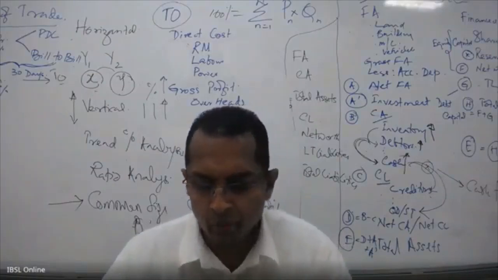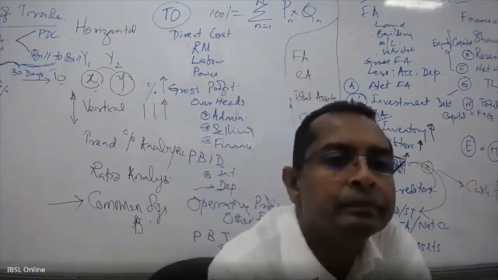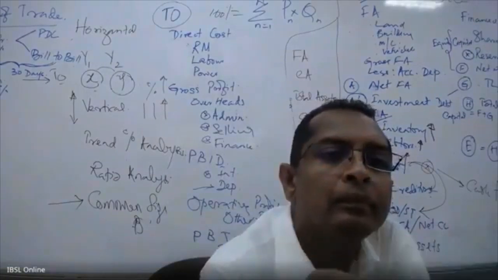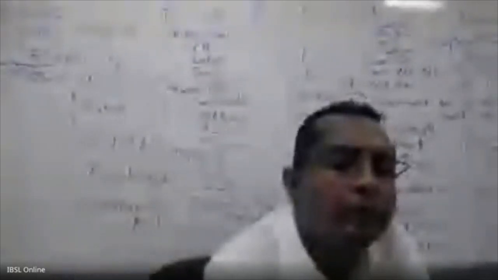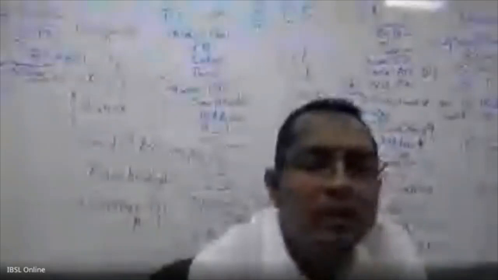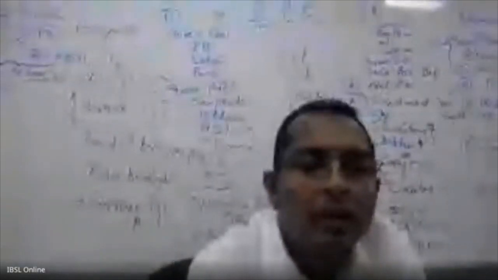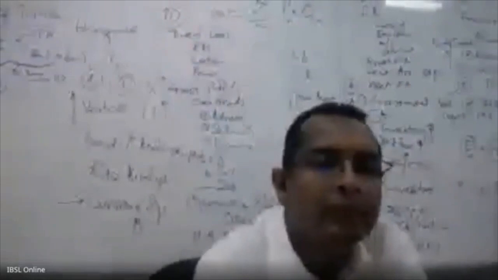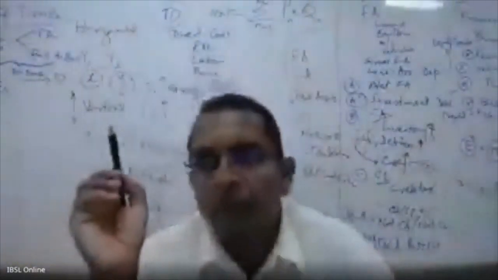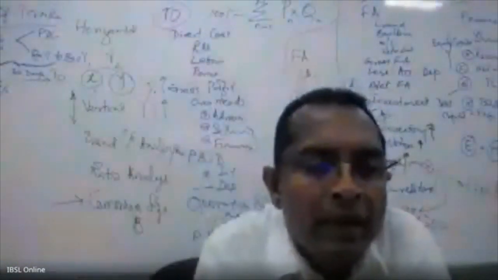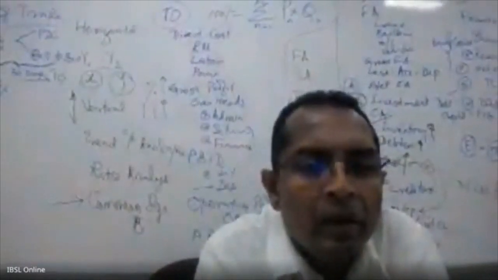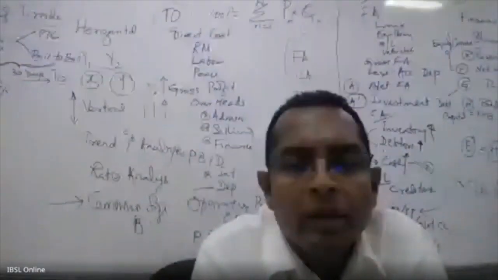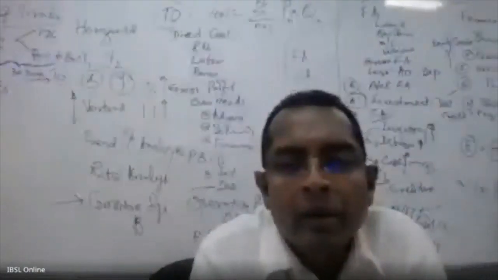The other ratios are called efficiency ratios. Right? Efficiency ratios. The first one is inventory turnover.